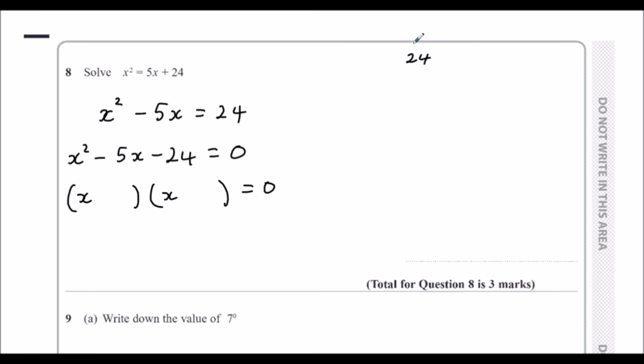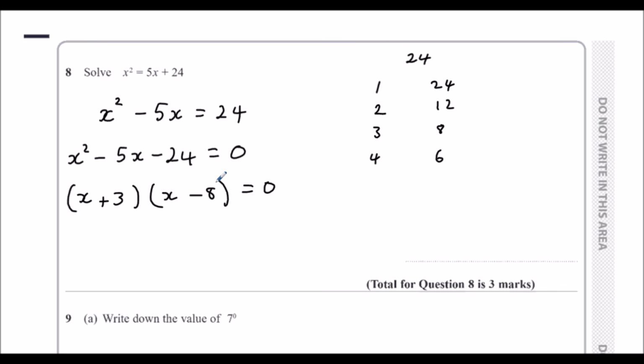So it can help to list the factors of 24. So 1 24, 2 12s, 3 8s, or 4 6s. Which of those can give me a 5 or a negative 5? 3 plus 3 minus 8. That will give us a negative 5. So plus 3 minus 8.